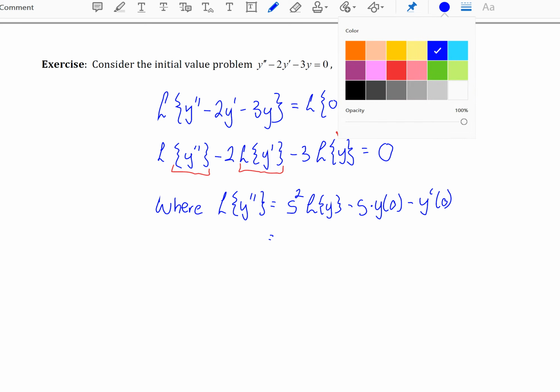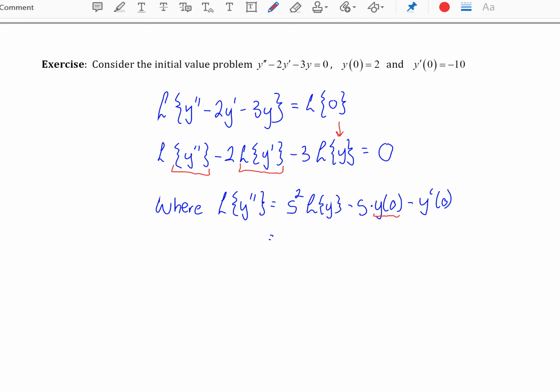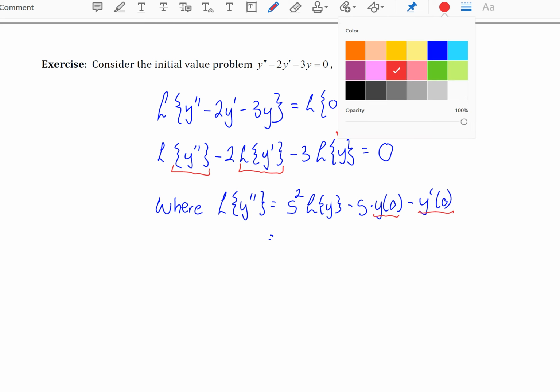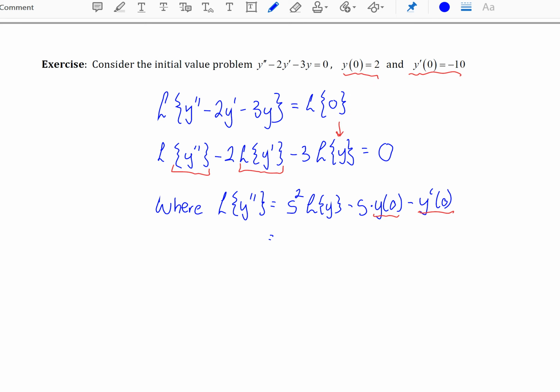Now y of 0 and y prime of 0, these are our initial conditions that are given in our initial value problem. So substituting these values gives us s squared Laplace of y minus s times y of 0. But y of 0 is 2, so minus 2s, minus y prime of 0, which is negative 10, so plus 10.